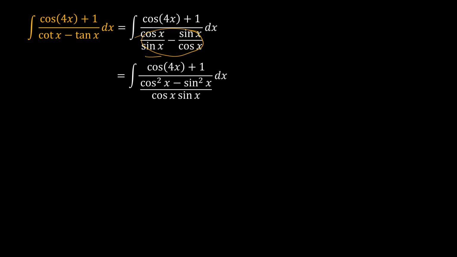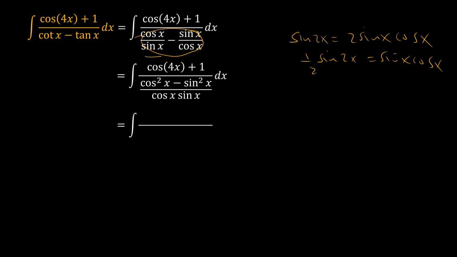Now, since we know that sine 2x is equal to 2 sine x cosine x, we see that a half of sine 2x is equal to sine x cosine x. And so we can now express cosine x sine x in terms of sine 2x.